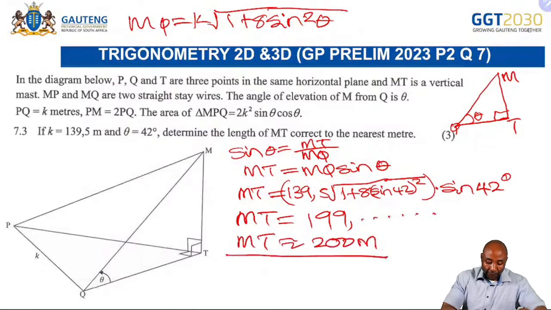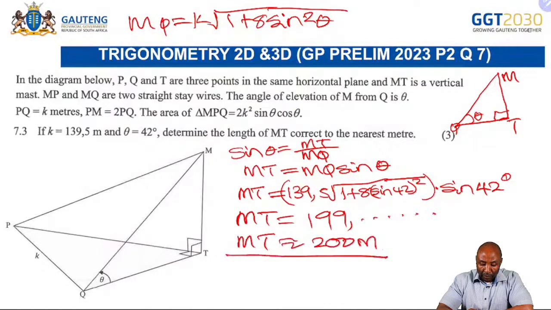So even if you did not get question 7.2 correct or even 7.1 correct, you can still get these 3 marks irregardless of the fact that you were not able to answer those, because you are using the information that you are given in the answer for 7.1, the answer for 7.2 to help you get that. And redrawing the diagram makes your life easy because you are able to visualize.